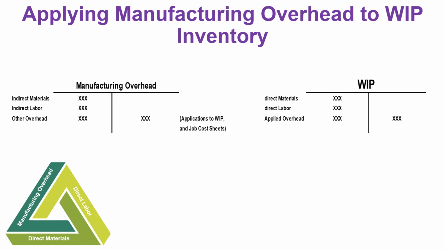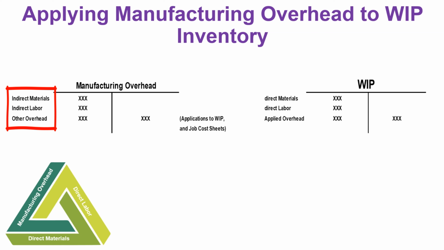And up to this point in time, we have been debiting this holding account for all of our actual manufacturing overhead costs, whether they be indirect materials, and we've included in indirect materials some small direct materials like glue and nails that we didn't want to account for directly.